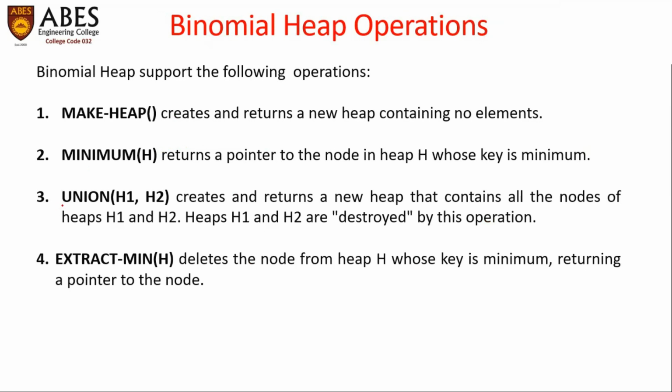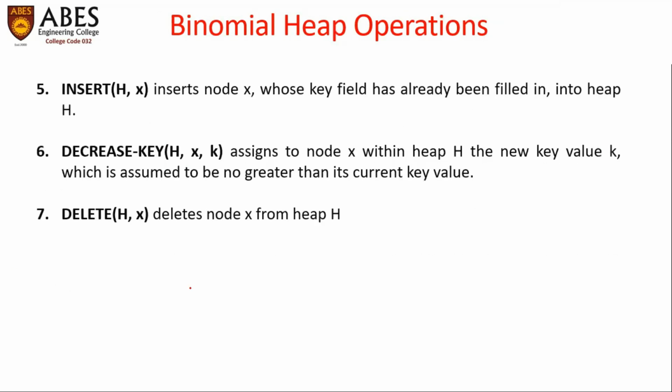We can perform the union operation, meaning if we have two separate binomial heaps, we can merge them into one resulting heap. We can extract the minimum element from our binomial heap. We can insert any new node in the binomial heap. We can decrease the key of any node from the binomial heap, and we can delete any key as well.